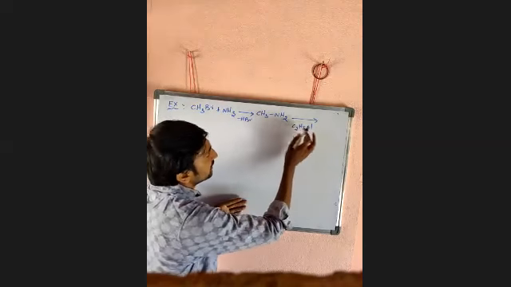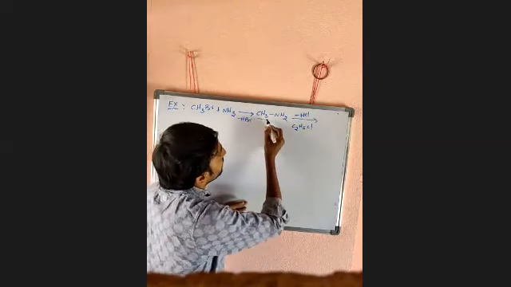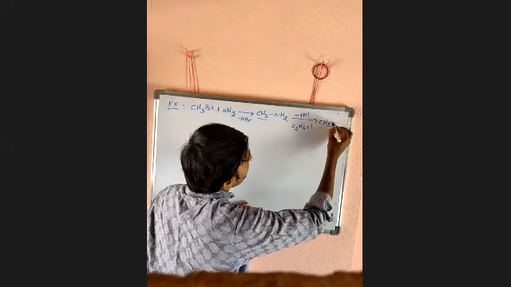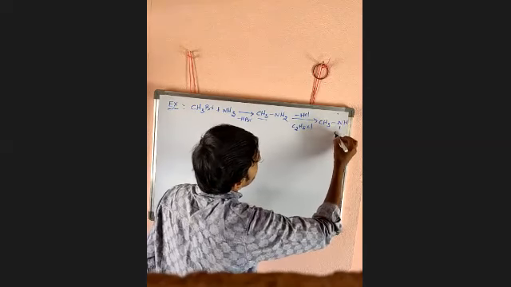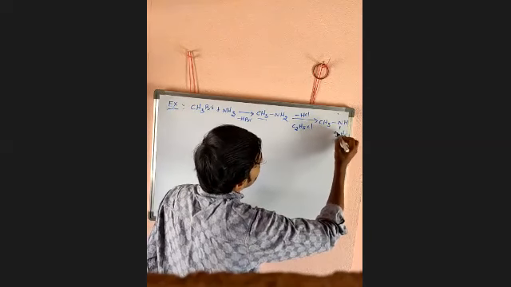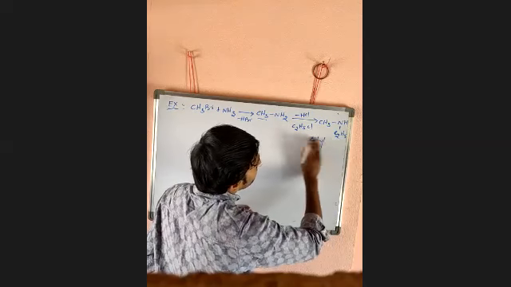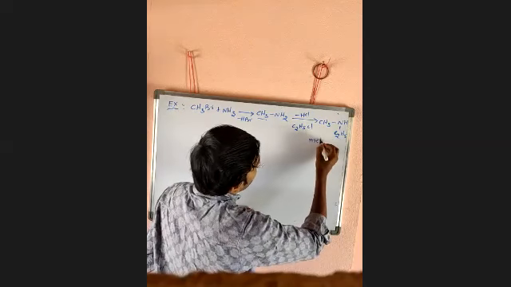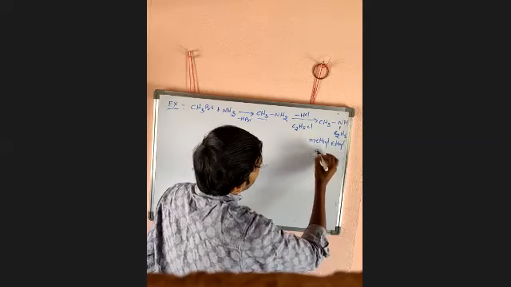We can take whatever we want, or they may mention something different. So HCl is eliminated, and remaining here is CH3, here is NH, and C2H5 gets attached there. Now what is it? Methyl, ethyl amine.